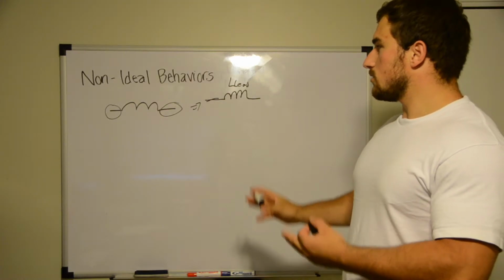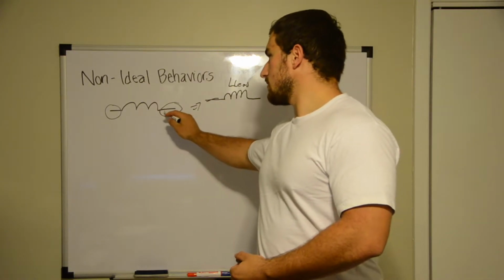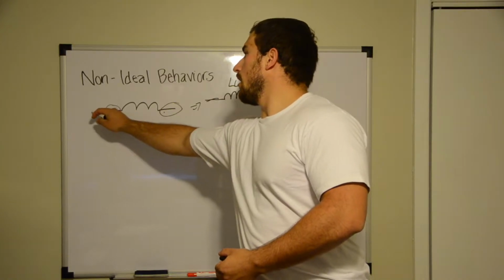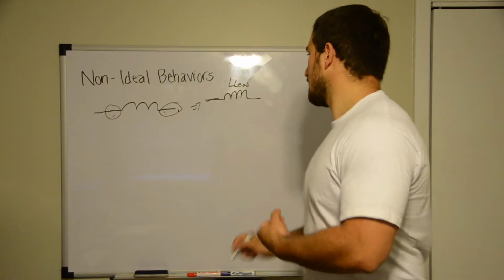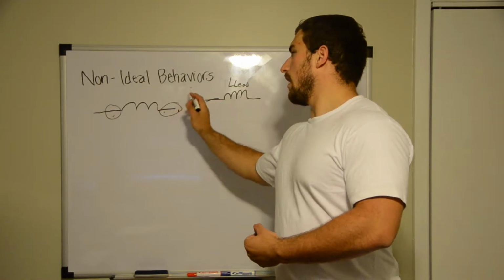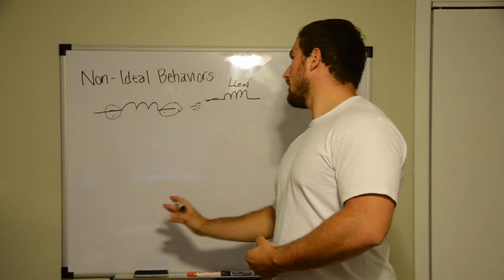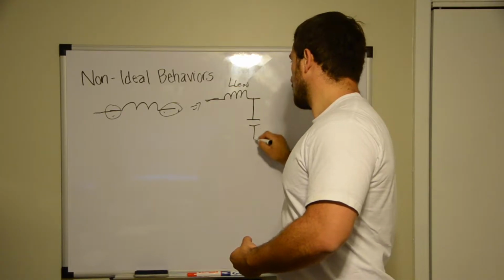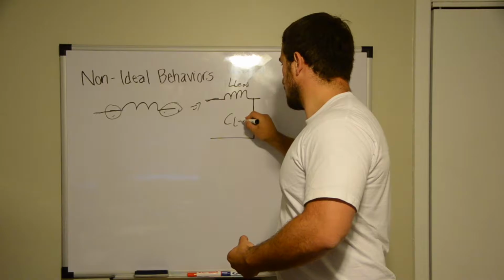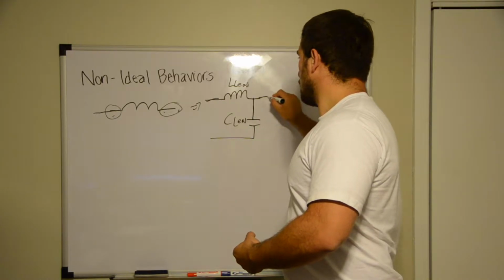Then we also are going to get a capacitance effect from these two, where the current going in here is going to cause displacement current at this lead. So we should see a capacitance effect in parallel with this. We'll move on.